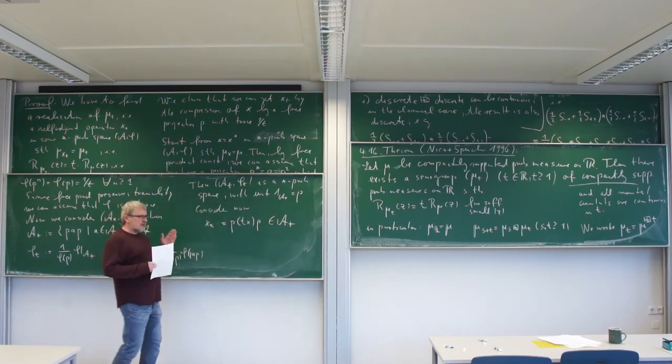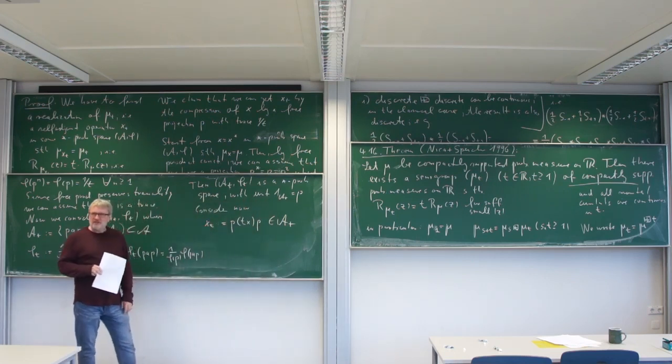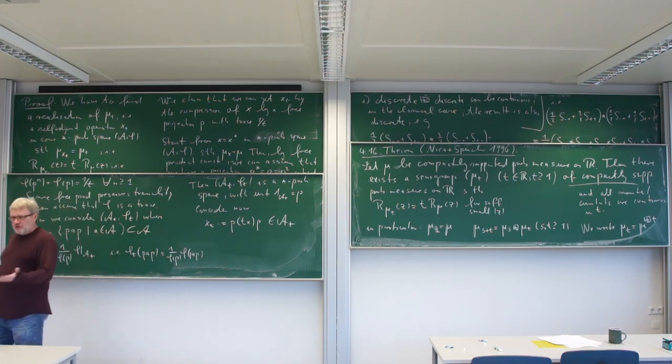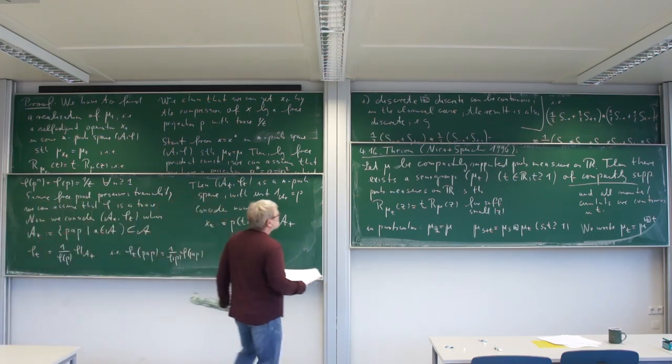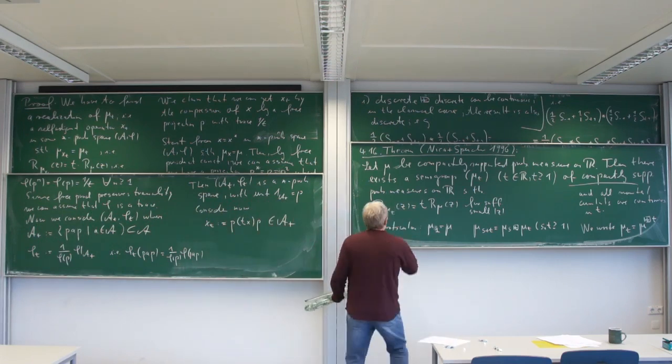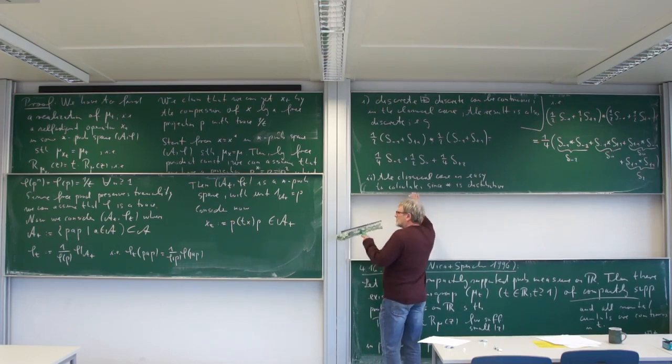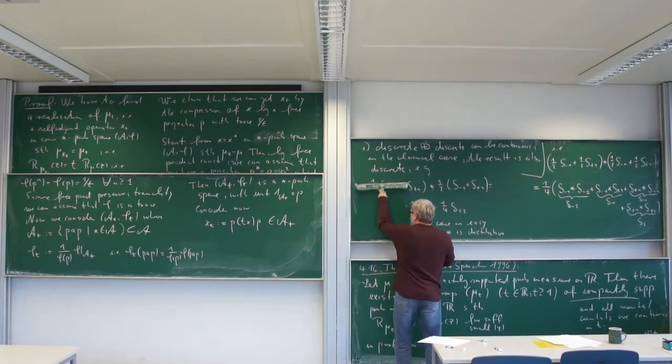Okay. And now I'm claiming this guy has exactly the right distribution. This is not obvious, so we have to check this. And we do this by looking at its moments. So I will now calculate its moments.